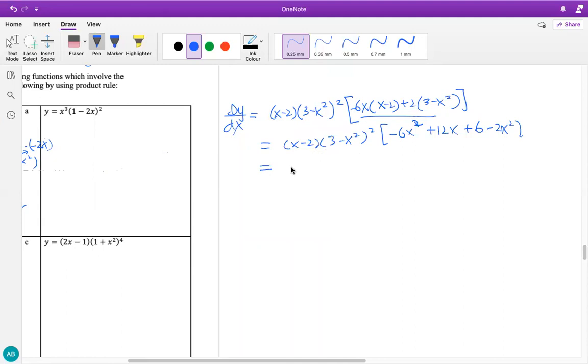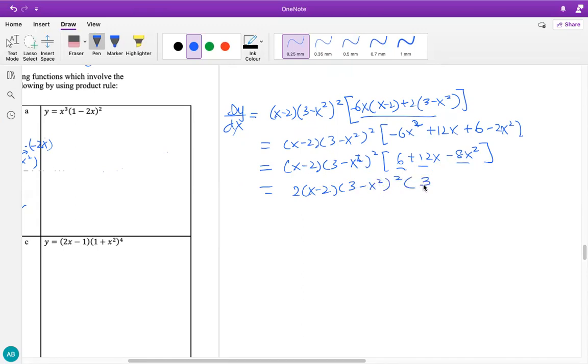All right, so you get (x minus 2) times (3 minus x squared), squared, sorry. Then you simplify this part, you get 6 plus 12x minus x squared. All right, so you take out 2 here, so you get 2(x minus 2)(3 minus x squared).